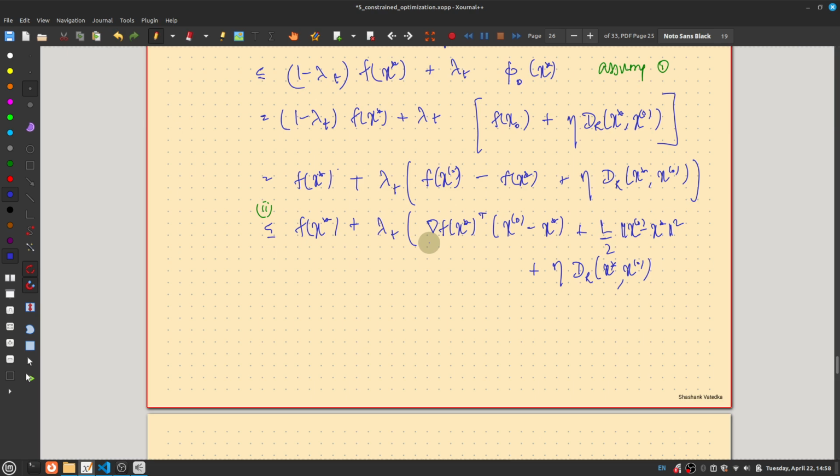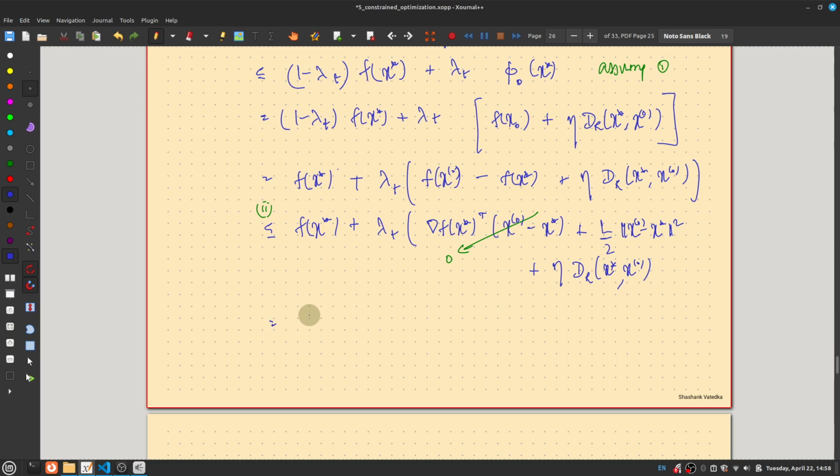Well, in a way you're right, but you can say something stronger. What is x star? Okay, so what is gradient of f of x star? Should be equal to 0, right? Because we're doing unconstrained minimization. The unconstrained minimum means that the gradient of f of x star should be equal to 0. So this whole first quantity is equal to 0.